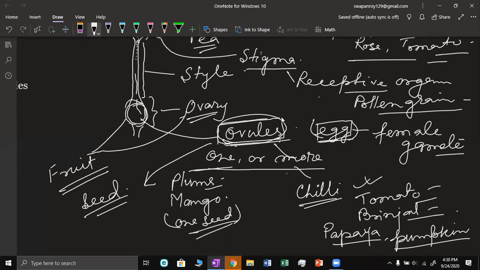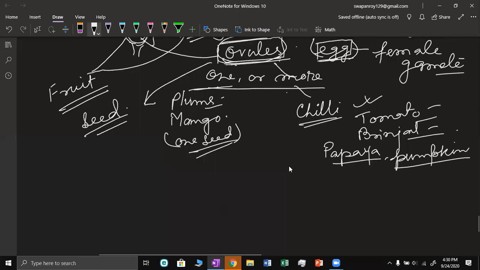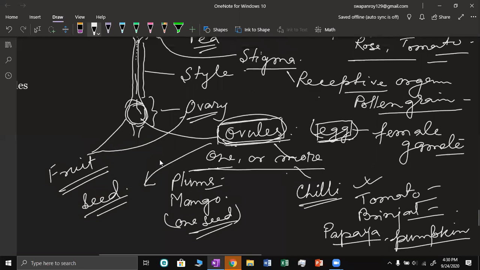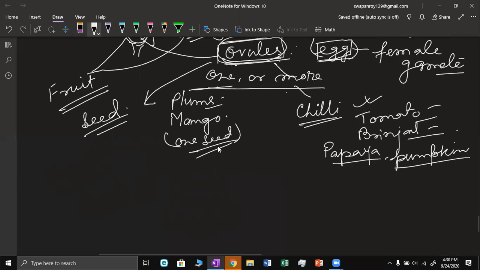So within the ovary there are ovules, which may be one or more. These ovules are attached to the ovary wall, or within the ovary to a special tissue known as the placenta.